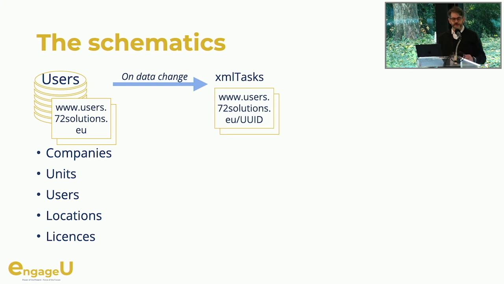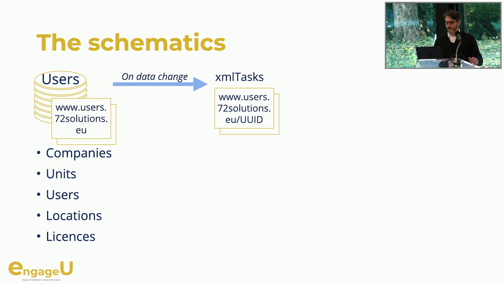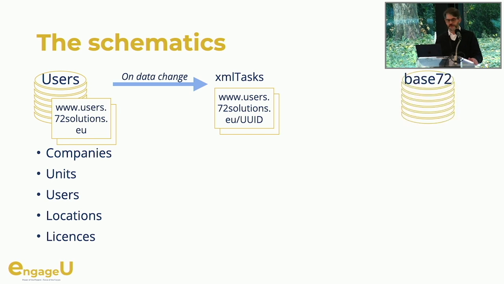Then this information, if created or changed, is transmitted to a separate table where we have, in those days, XML tasks. It's pseudo XML, but never mind. And this pseudo XML is reachable and public if you know the UUID of that license, of that install. So every install has a separate UUID, and you can look for your unfinished XML tasks there.